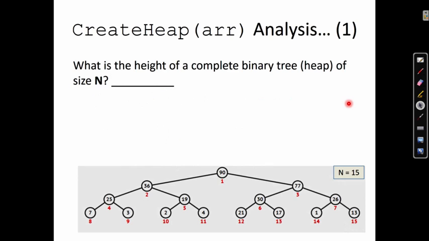Before we do the analysis, I need a bit of setup. What is the height of a complete binary tree or binary heap of size n? Just now we said it's big O of log n, right? Can we give a more precise formula for it?